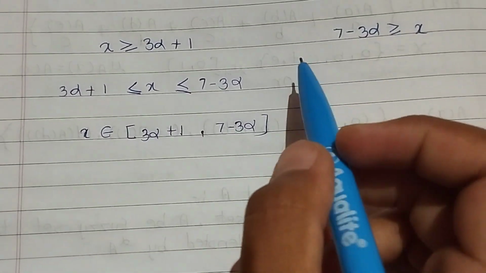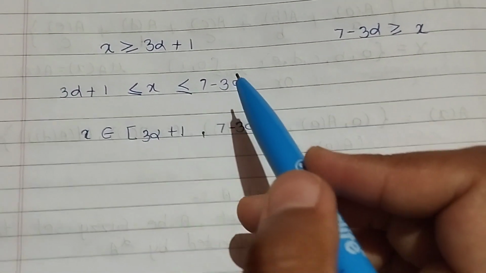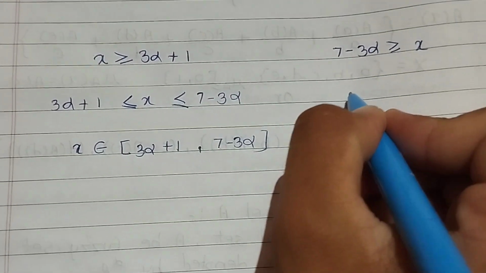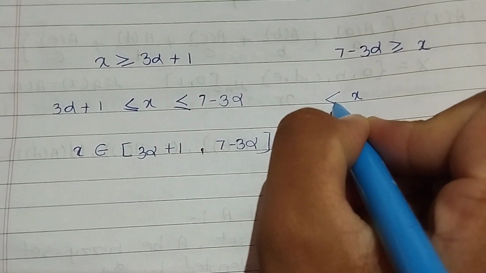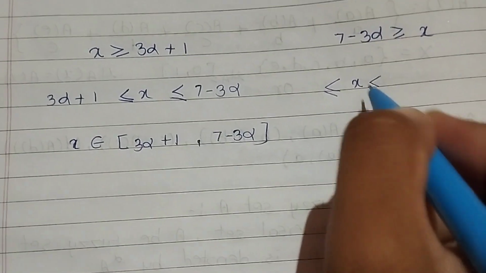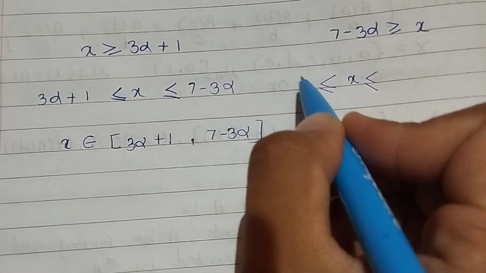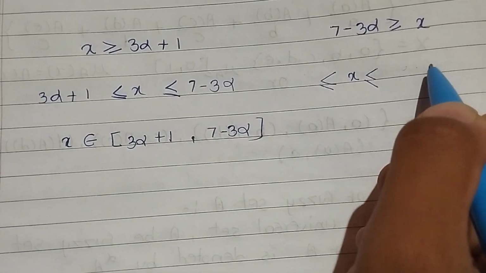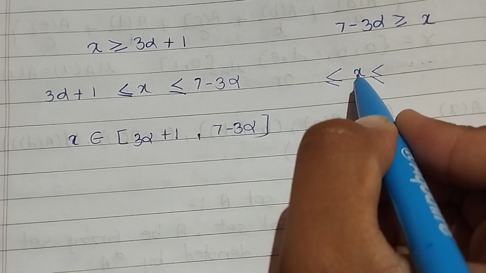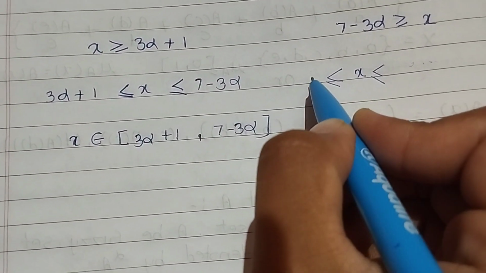If anyone has confusion how to write the lower bound and upper bound, simply write x, write smaller than or equal to here and smaller than or equal to here, because we want the lower bound at the left side and the upper bound at the right side. Then check this condition where x is greater than any value.